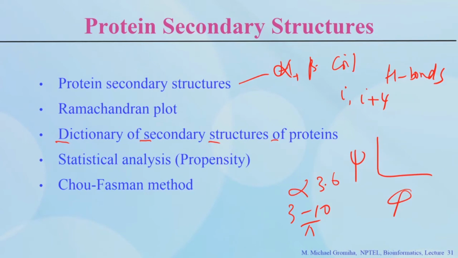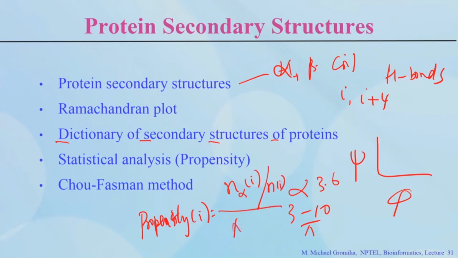Fine. So, now from this assignment, we discussed the propensity, right. So, how to get the propensity of residues in alpha helix or beta strand? For example, for alpha helices, what is the propensity? Propensity of i equal to the number of residues of type i in alpha helix, n alpha of i, divided by total n alpha, divided by n, right.